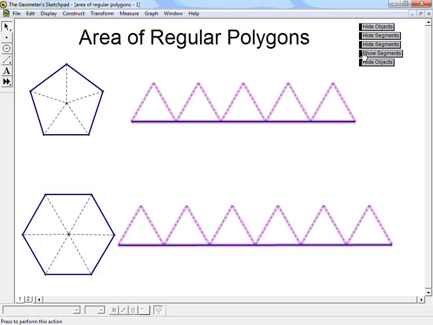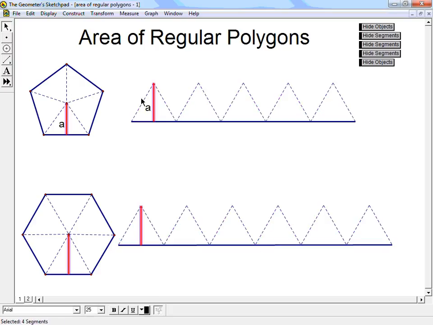Now, the interesting part of polygons, I'm going to introduce you guys to this measurement. It's not the radius. The radius is the dotted one. This other one, we're going to call the apothem. So I'm using A for that little part. That part, it's not the radius, is what we call the apothem.